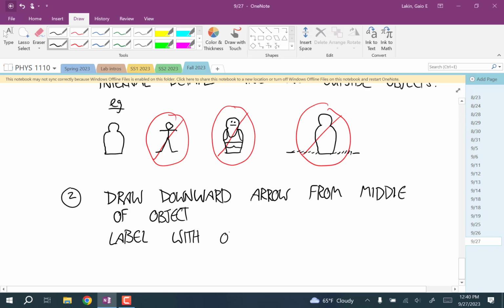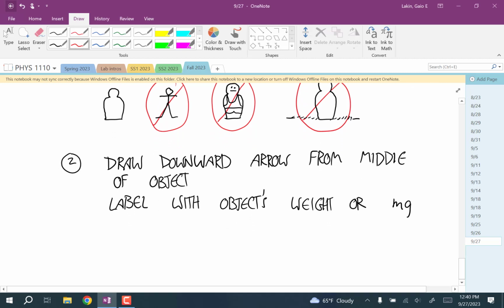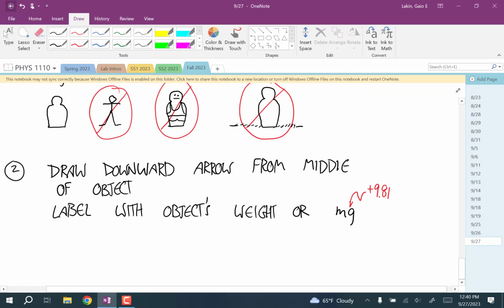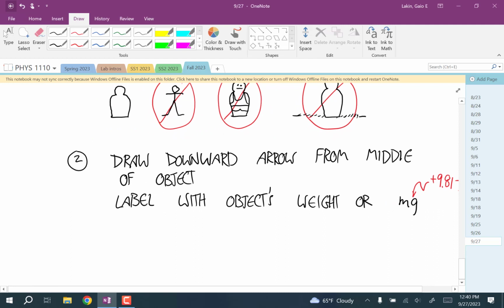So label it with the object's weight, or you can just label it mass times g. Remember that the meaning of g here is positive 9.81 meters per second squared.